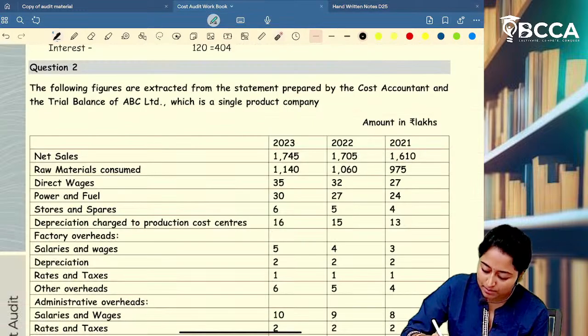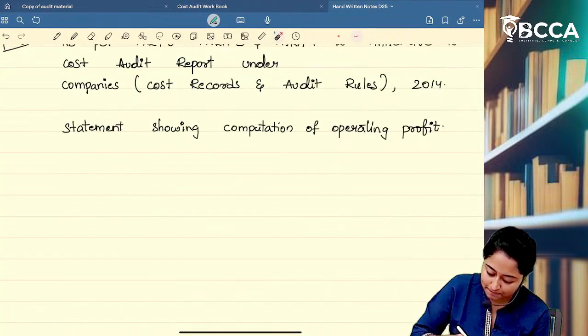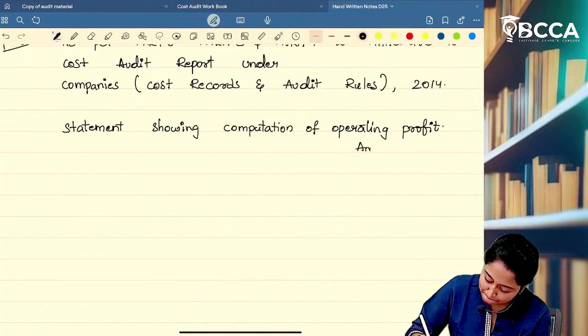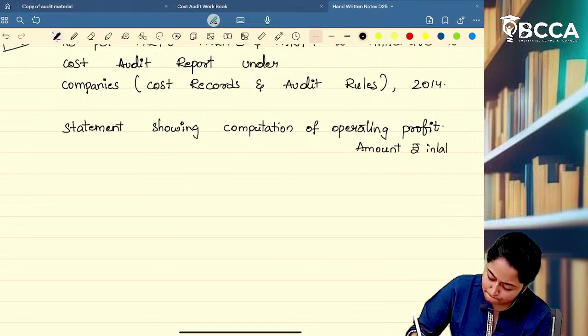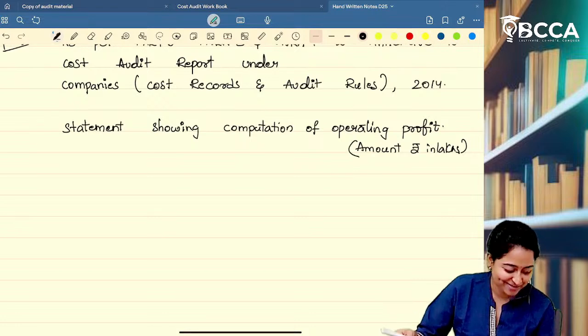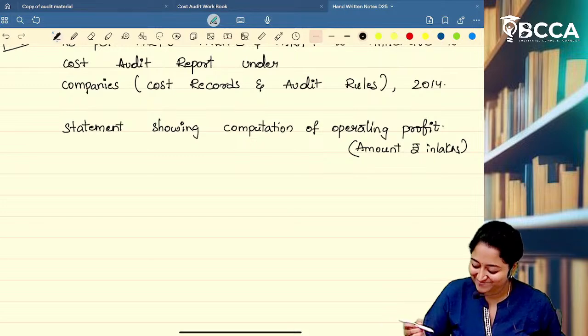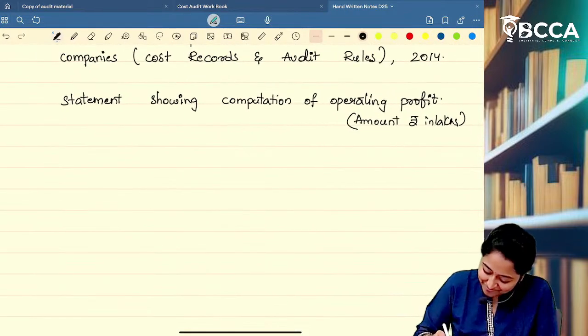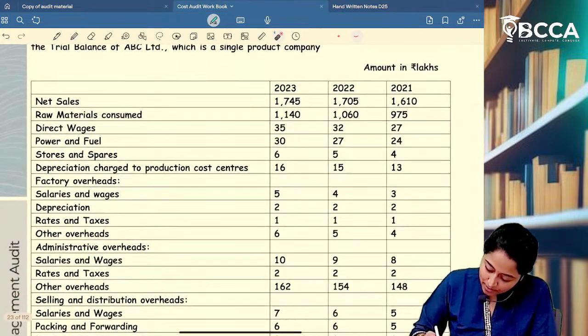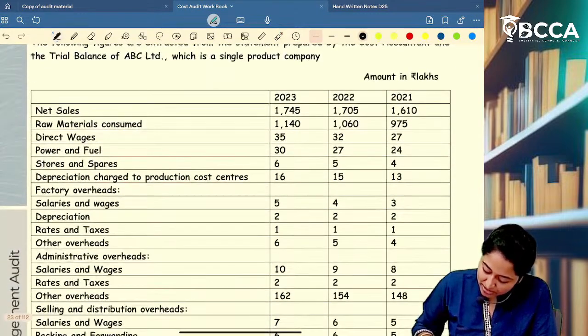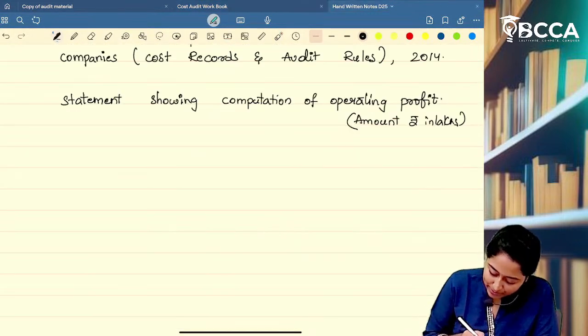Okay, amount is given in lakhs. Now, 3 years data is given, so particulars 2023, 2022 and 2021.